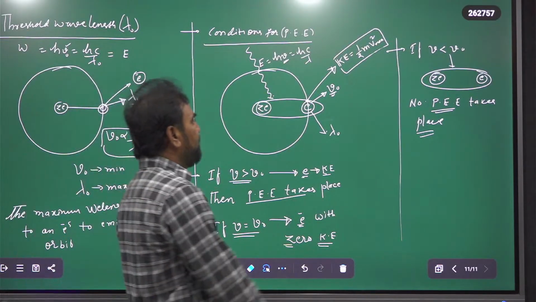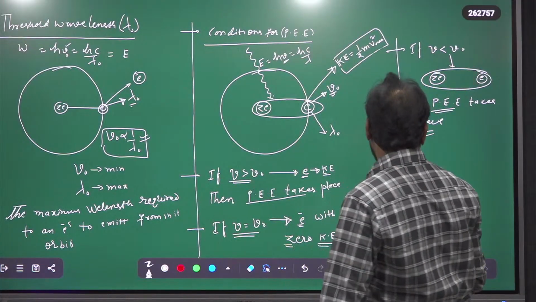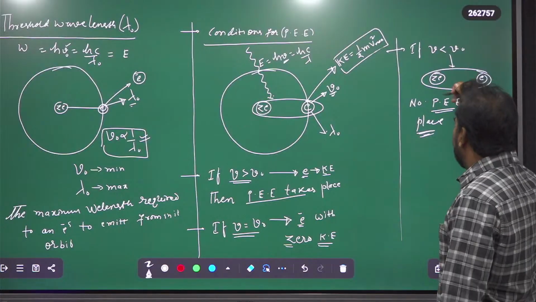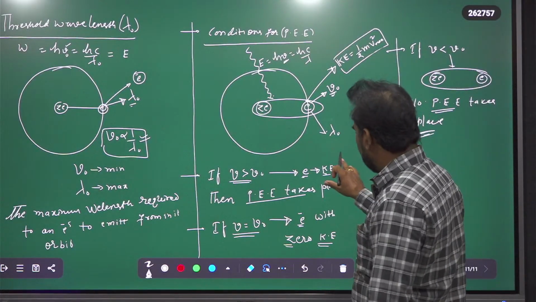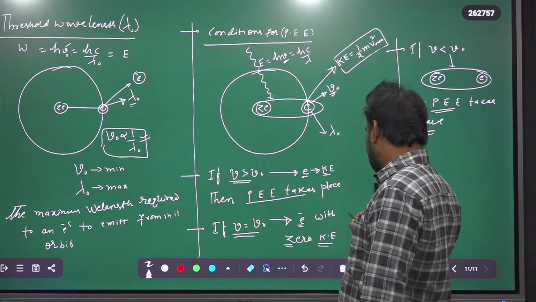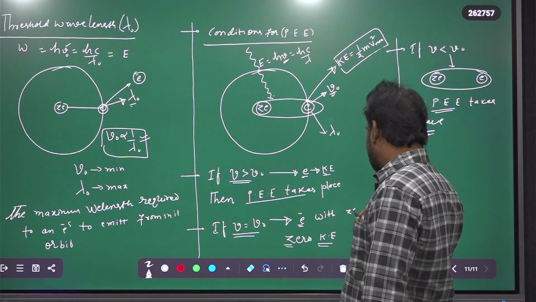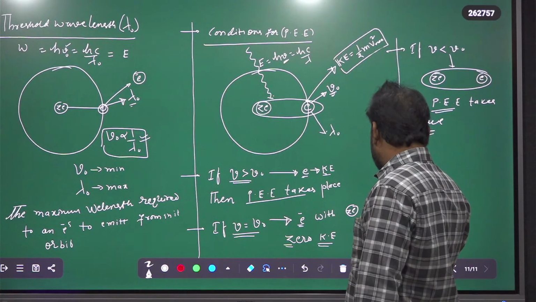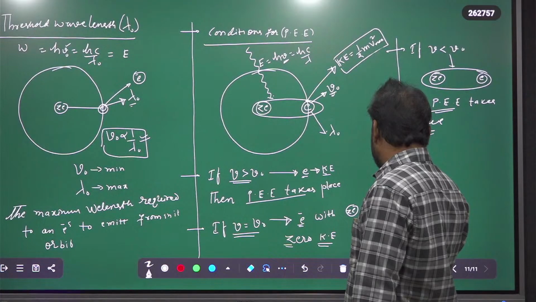If nu is less than nu naught, the photoelectric effect does not take place because the nuclear attraction force could not be broken. In the equal case, the nuclear attraction force is broken and the electron becomes free, but kinetic energy KE is equal to 0 here.